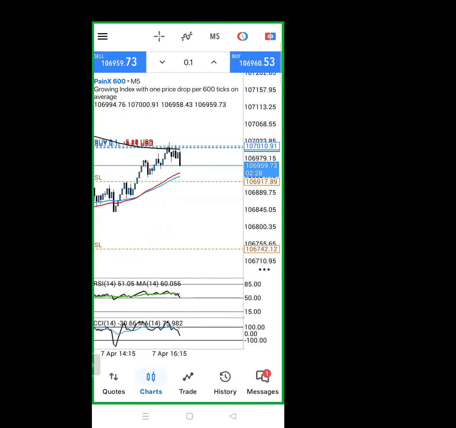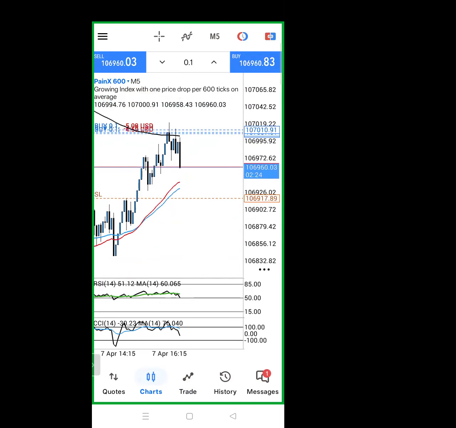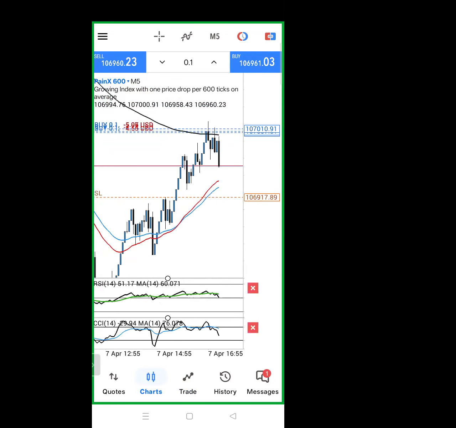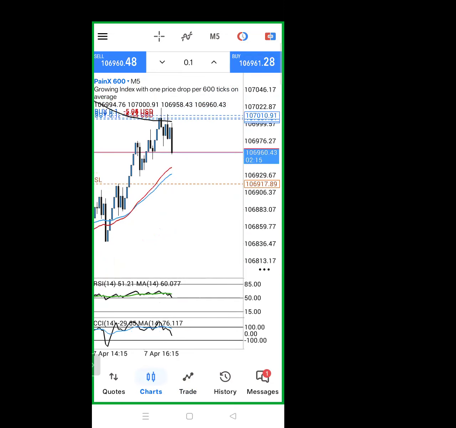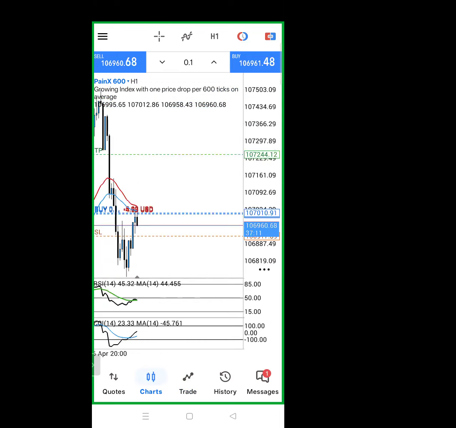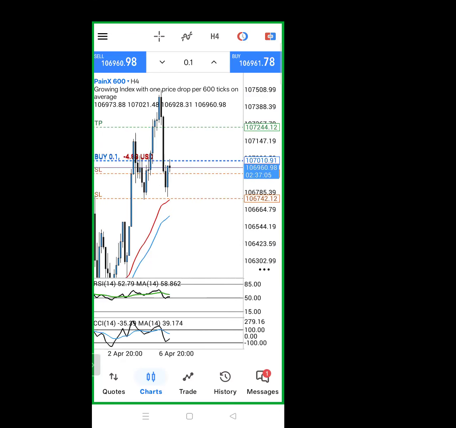So now this stop loss may not be too good, but I'm not going to change that. I'm going to leave it there because the account is not too big.